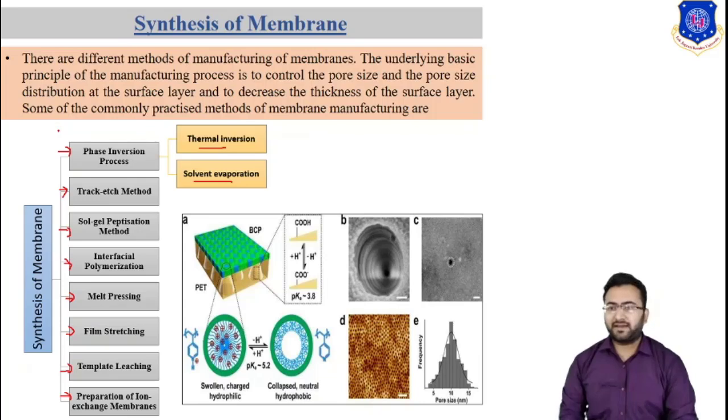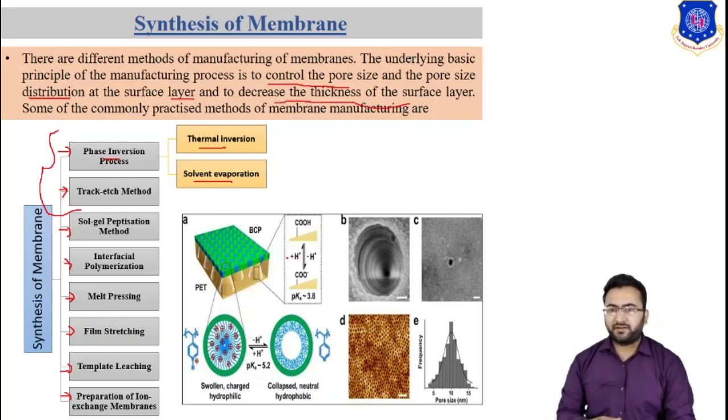But in this session, we are going to discuss these two methods, the phase inversion process, such as thermal inversion and solvent evaporation, and the track-etch method. The basic principle of membrane manufacturing is to control the pore size and pore size distribution at the surface layer, so we can decrease the thickness of the membrane.